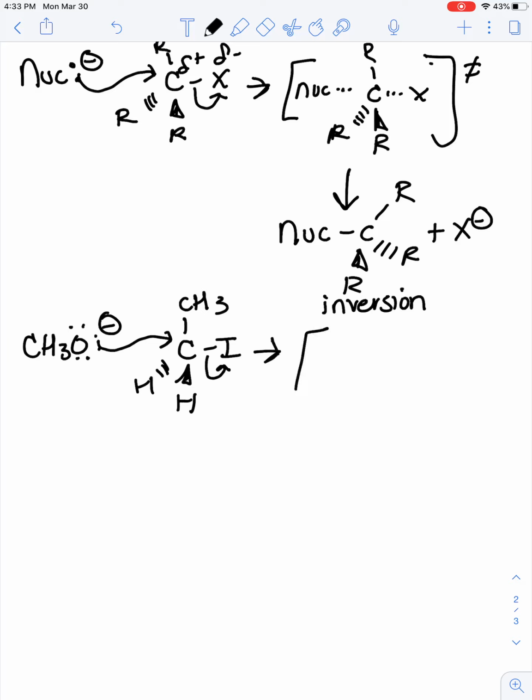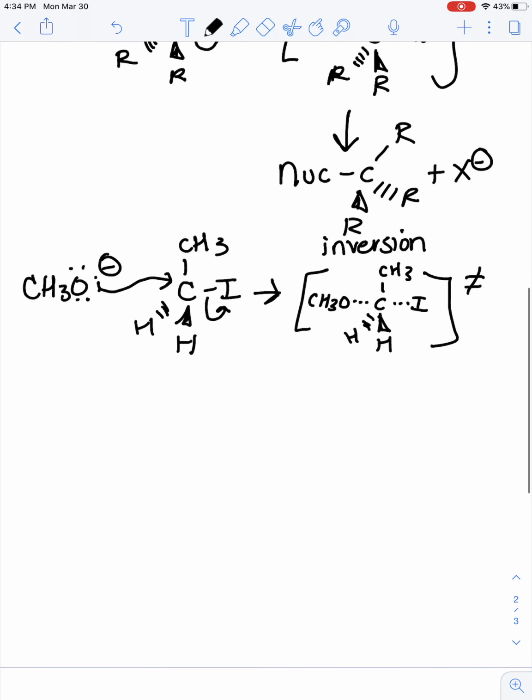So we have, again, this transition state. So transition states actually aren't typically shown. You should know what the transition state is, but it's not necessary to draw it out each time. So this is our transition state, again, high energy because that carbon does not want to be pentacoordinate. And our product will have, again, inversion of our stereochemistry.